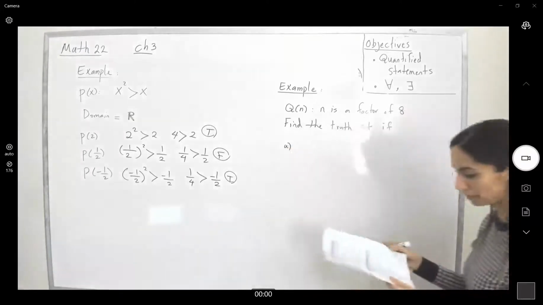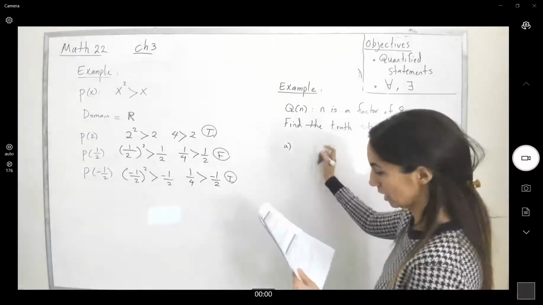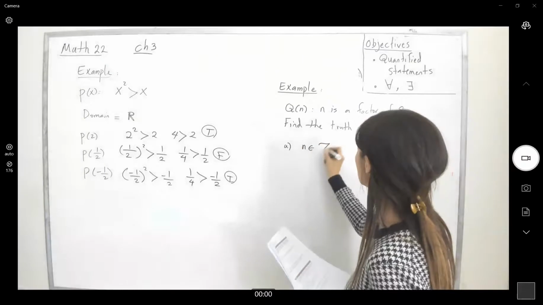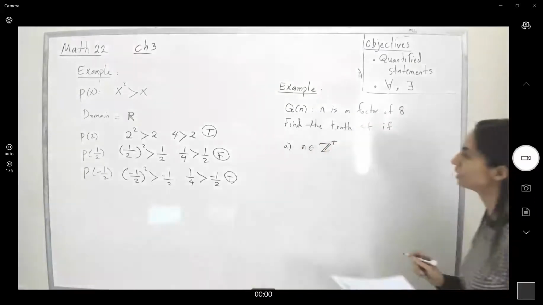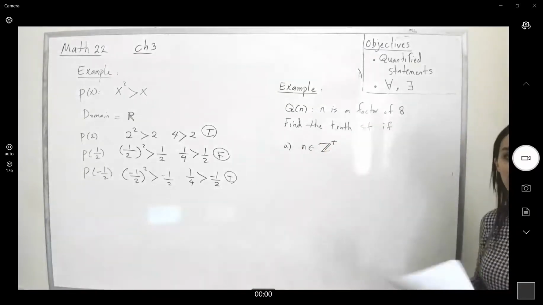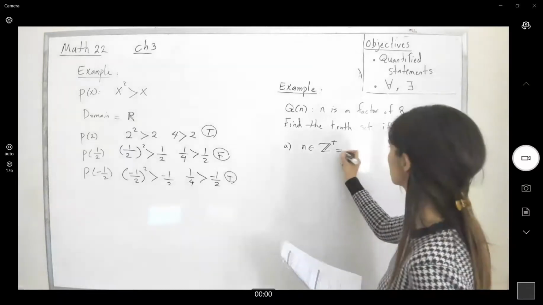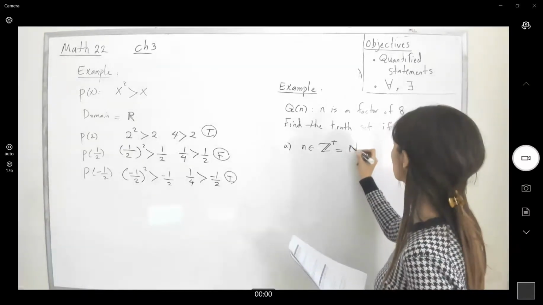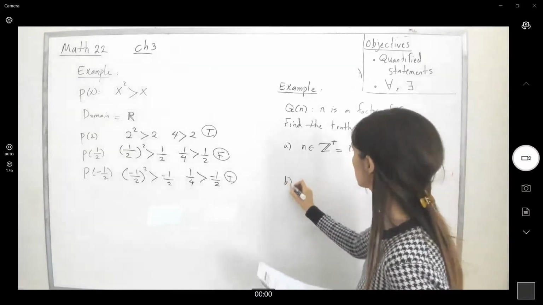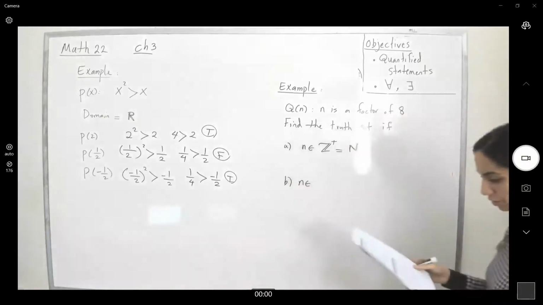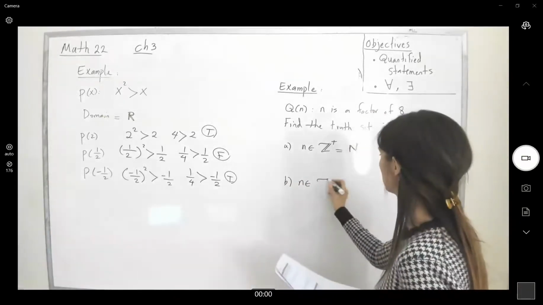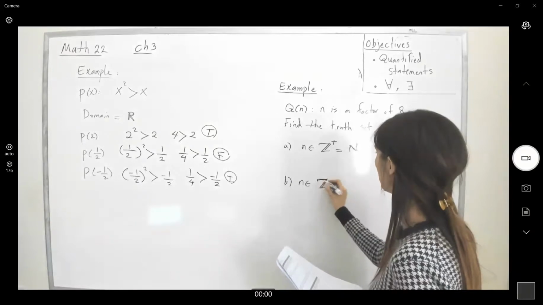The first domain is n belongs to non-negative, non-zero integers, or N, natural numbers. B, if n belongs to Z, signed numbers.